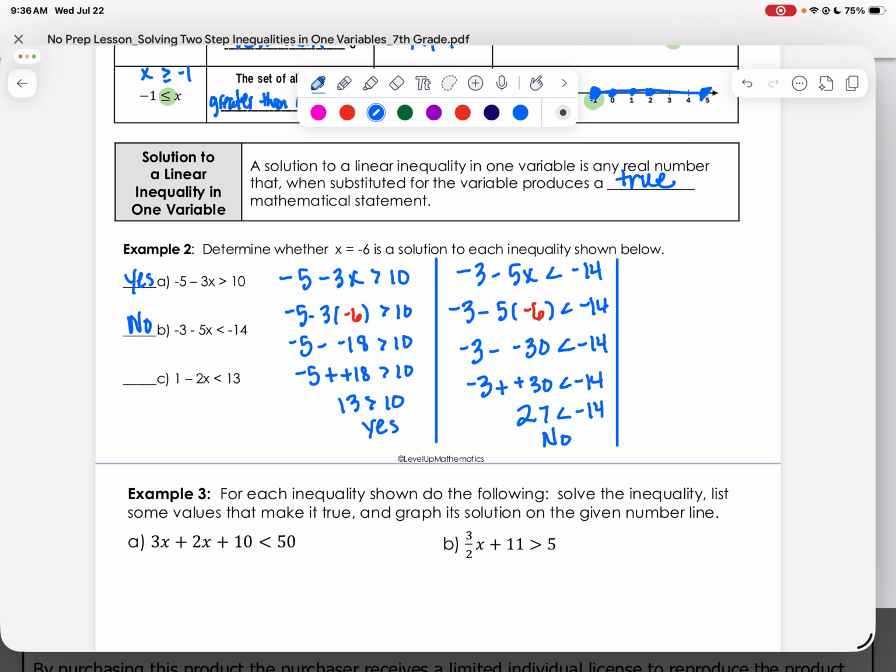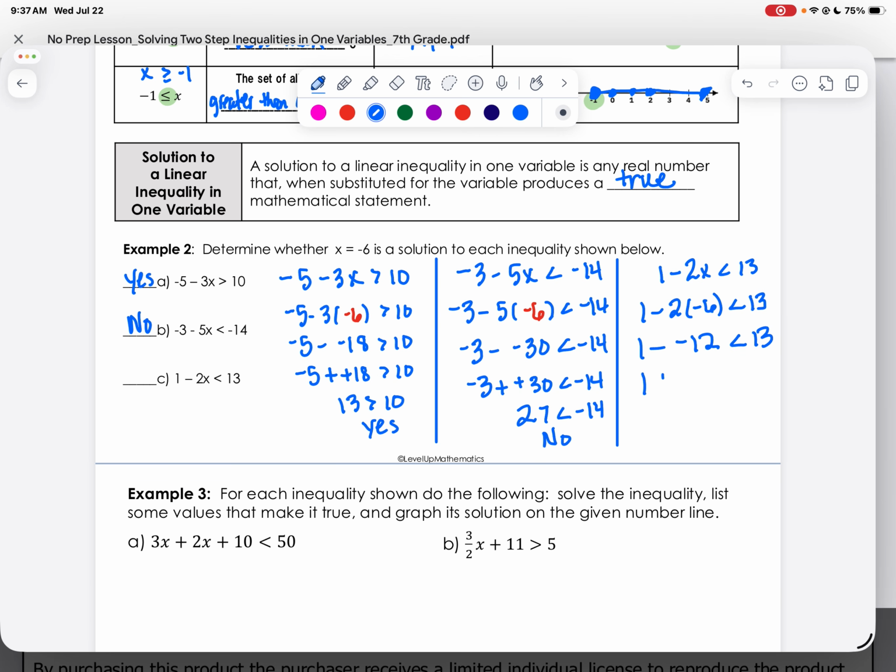All right. Pause the video and try the last inequality on your own. When you're ready to check your answer, press play. All right, welcome back. Let's see how you did. Our inequality was 1 minus 2x is less than 13. I'm going to plug in a negative 6. So this will be 1 minus negative 12.